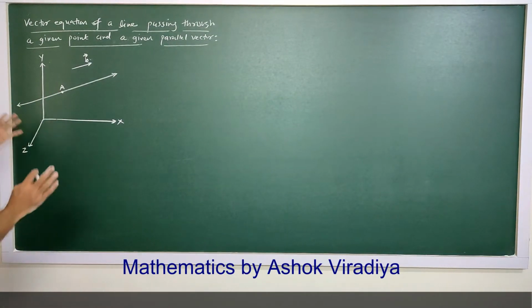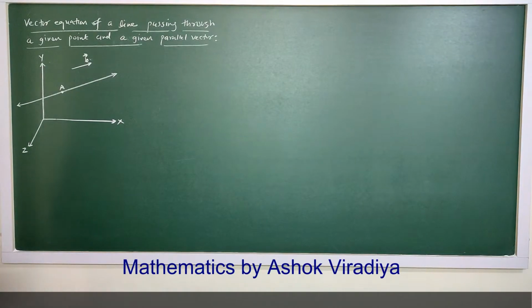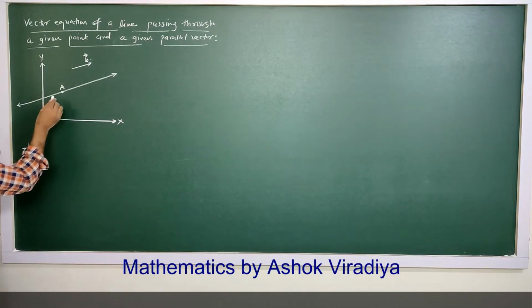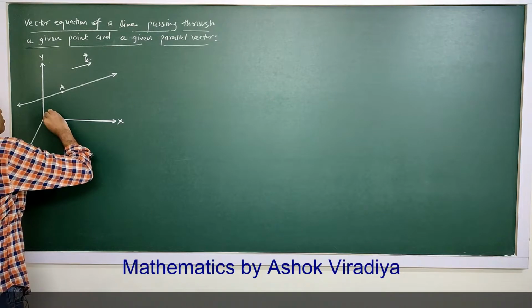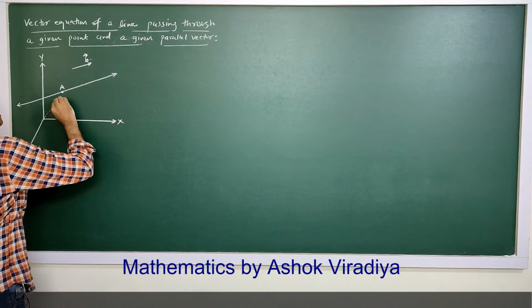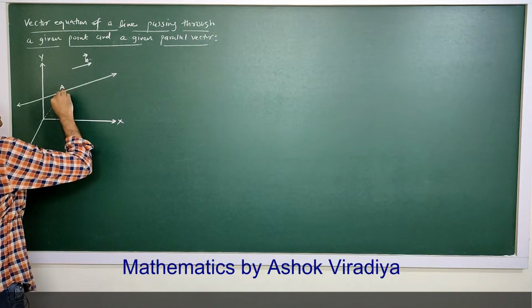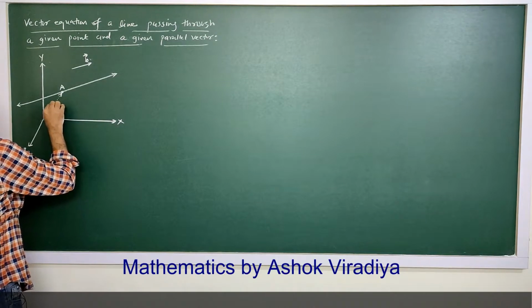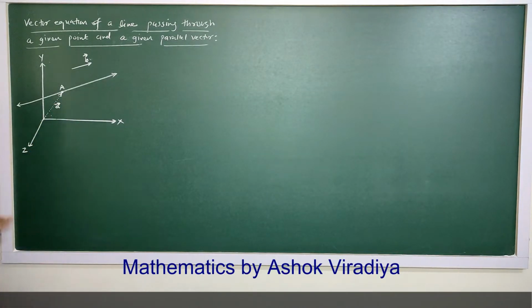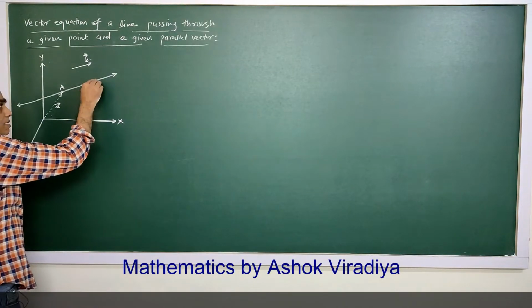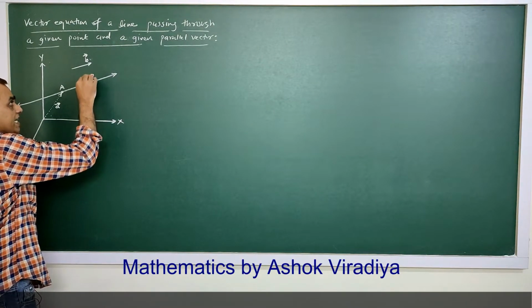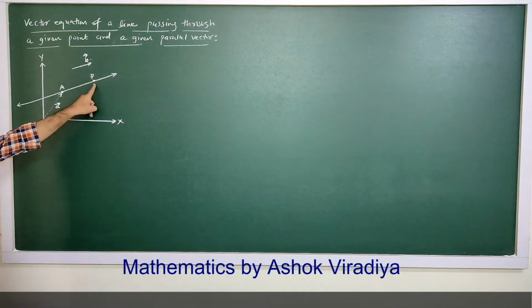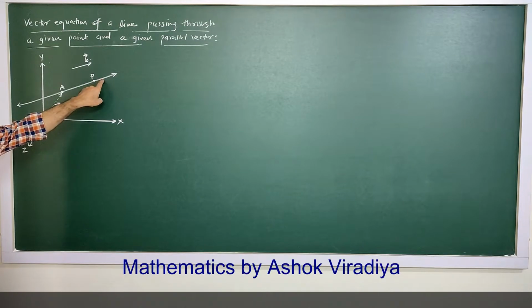Now how to find its vector equation? So the position vector of this point A is vector A, and P is any variable point, not fixed. P can be at this location, it can be here, it can be here, anywhere.